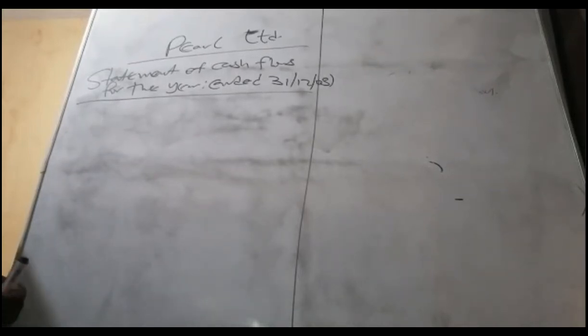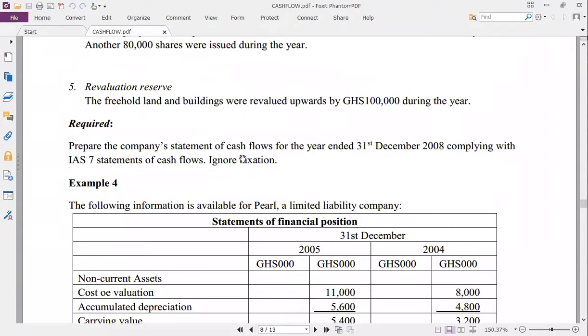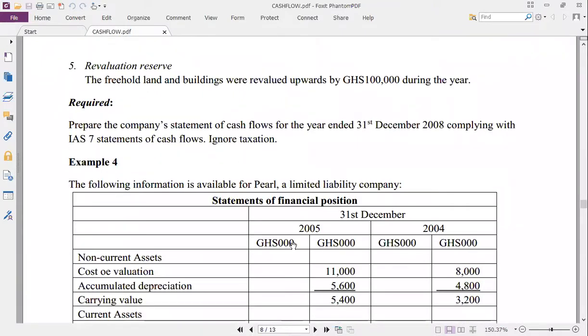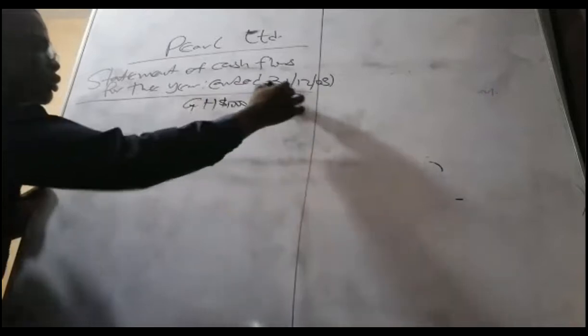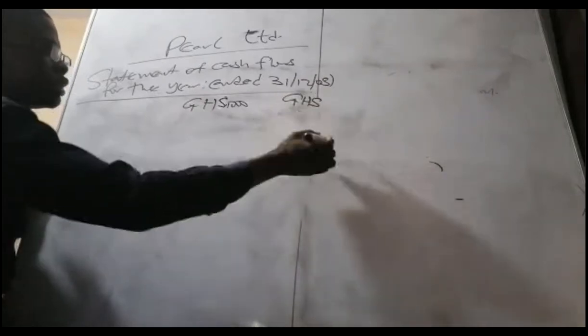So let's check whether they are reporting in thousands or in millions or just a flat currency. It's in thousands, right? Good. So we have to do with the thousands there. So here, first one, Ghana City in thousands.